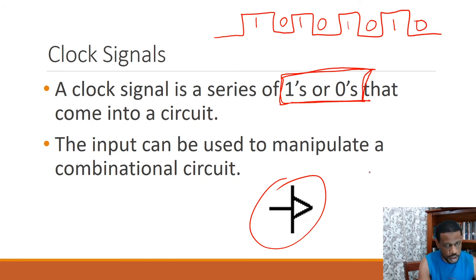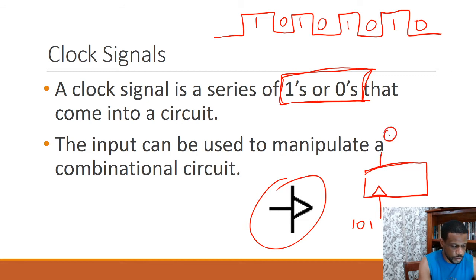So let's say I have a flip-flop and I send a clock signal instead of a normal signal, and it's a RS flip-flop, right? And I send on the set a clock signal of 1 0 1. What's going to happen is that the output, which is Q, is going to be a 1, then it's going to be a 0, and it's going to be a 1.